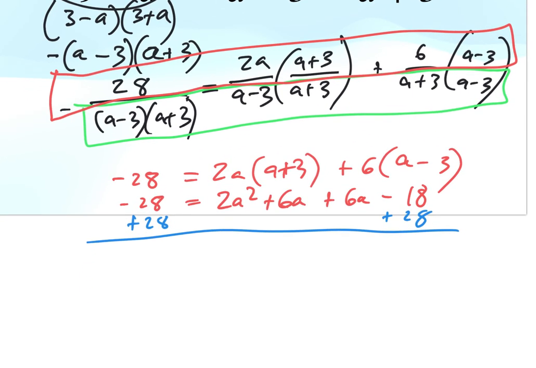Move that up and out of the way. And I'll have 0 equals 2a squared plus 12a plus 10. Negative 18 and 28 should be 10.